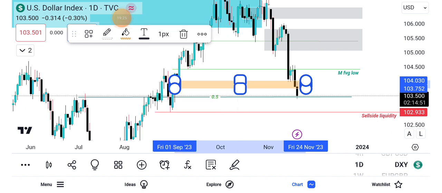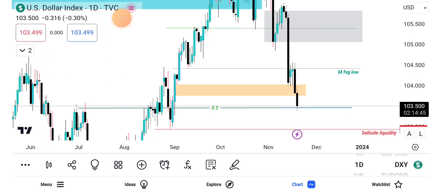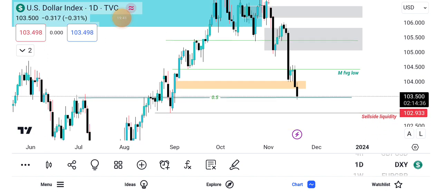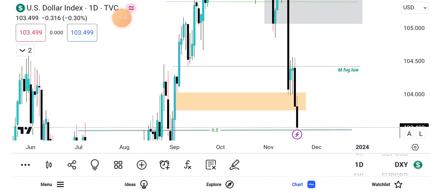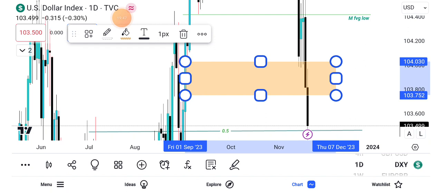We have that daily inversion fair value gap, whereby I wanted to see today's candle close below it, as it will be used as resistance in maybe the remaining part of the week.